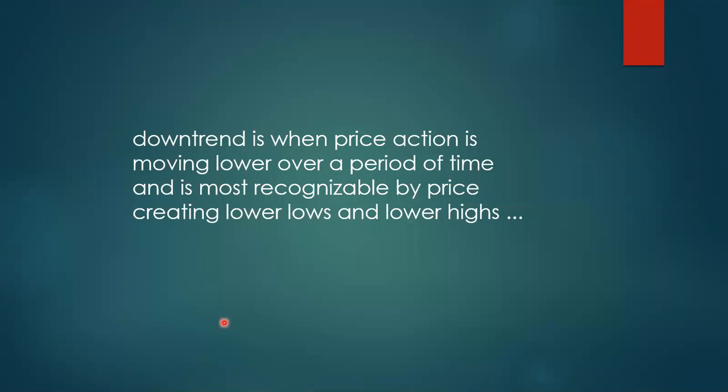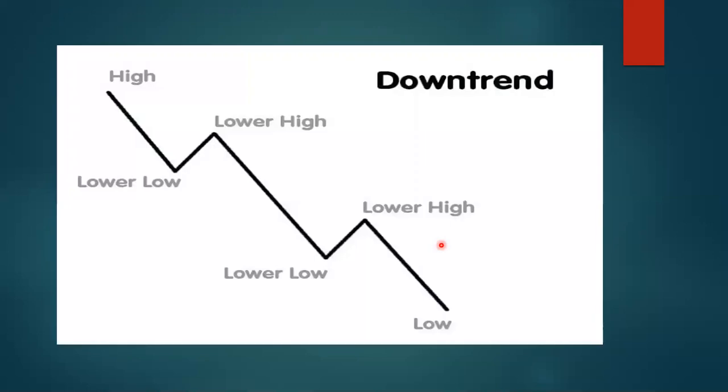Let's look at downtrend. A downtrend is when price action is moving lower over a period of time and is most recognizable by price creating lower lows and lower highs, okay? Let's take a look.